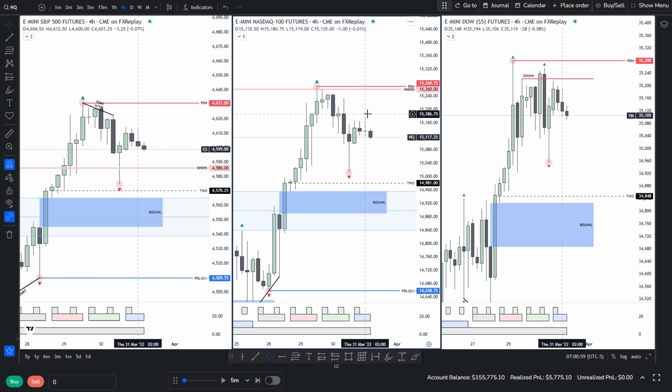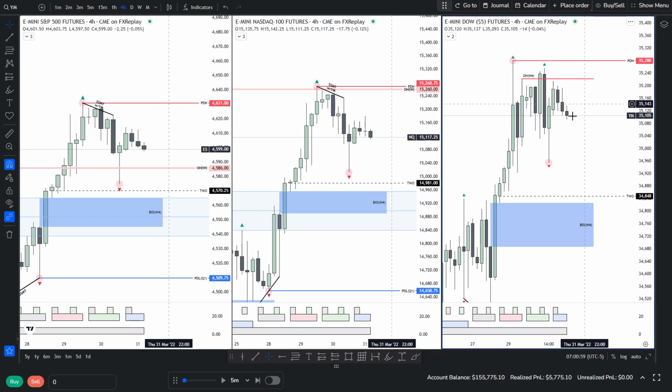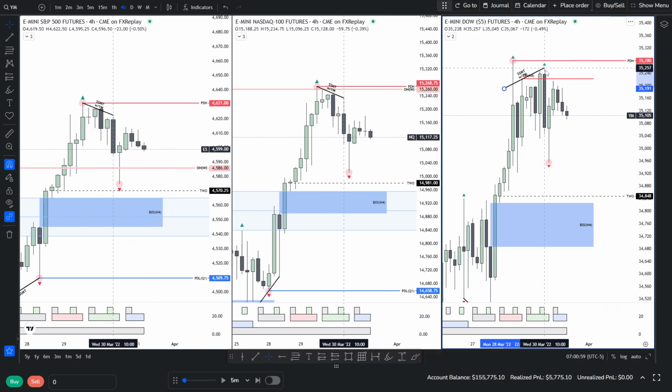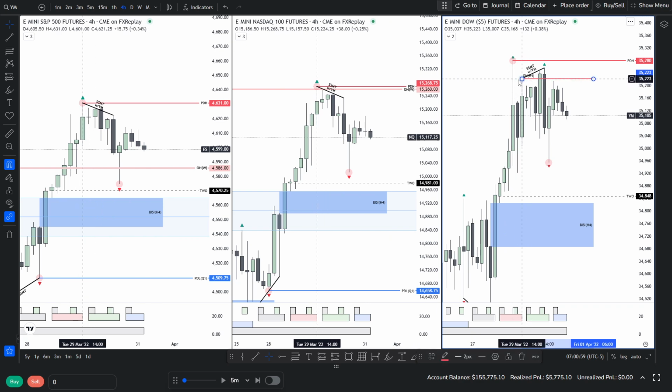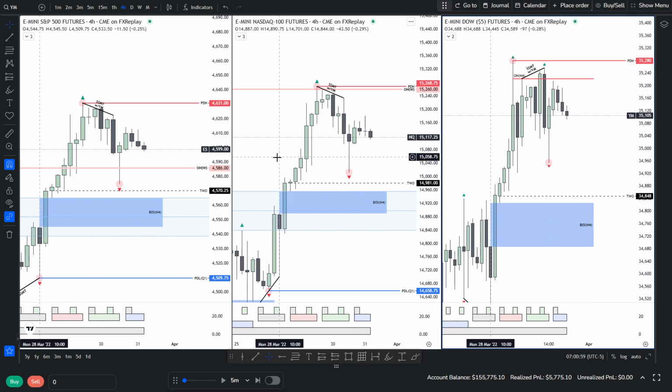And it is important now for me to actually just reflect the SMT on the relevant time frame and lower, just so I know the significance of that SMT. Right, so we had that, which is fine.